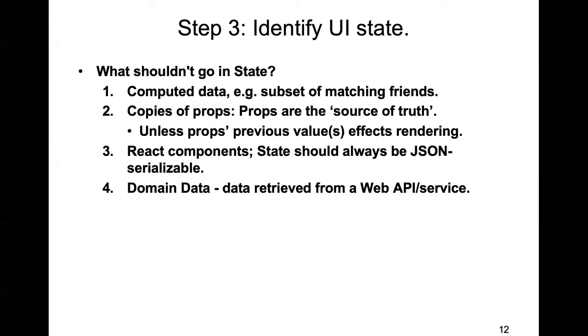So model data, domain data, web API data, all different terms for the same thing. You should not store that data as state variables. Now, if you think of the filtered friends application, that's exactly what I did. When I received the list of friends from the random user API, I actually stored the full list of friends in a state variable in the top component in my hierarchy, I think.